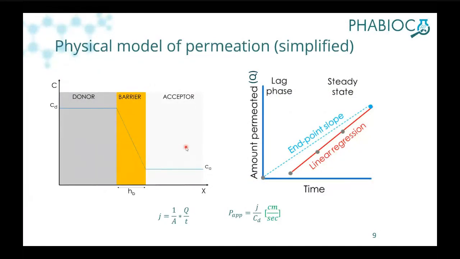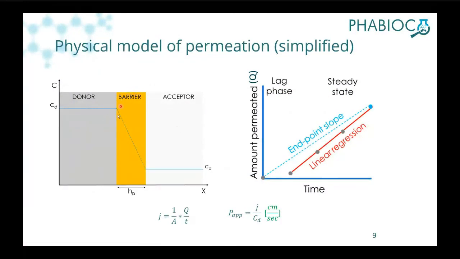The receptor compartment is basically where the accumulation of the compound is measured by different methods: UV, HPLC, mass spectrometry. And what we measure in this kind of studies is the flux, defined as the amount of material Q that crosses the barrier over time, over the surface area of permeation, in this case the surface area of the barrier.